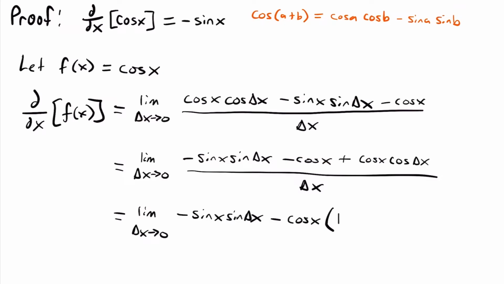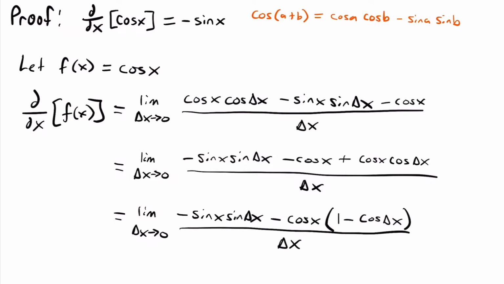And then if we pull a negative cosine x out of this term, we're going to be left with negative cosine delta x. So we'll have minus cosine delta x. Right, so if we were to multiply this back through, we would get negative cosine x for this first term, and then these two negatives would become positive, and so we'd have cosine x times cosine of delta x, and it would be positive if we were to go back through and distribute that. All right, and so then this would still all be divided by delta x.